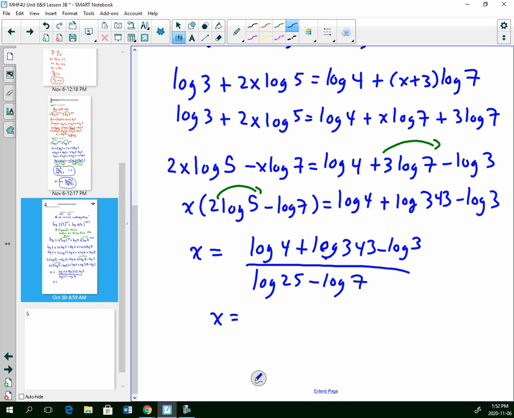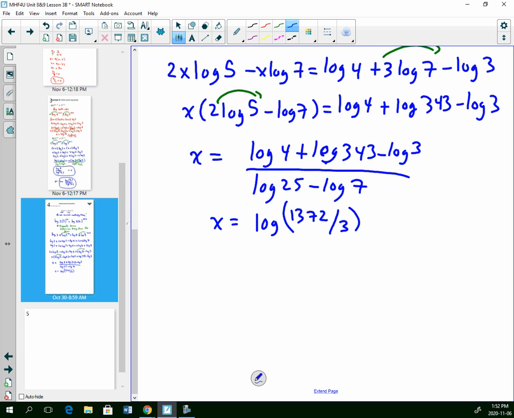And then in the numerator, we're going to have 4 times 343 is 1372 divided by 3. Right, so multiplication, addition becomes multiplication, subtraction becomes division, and then in the denominator, we would have 25 over 7.